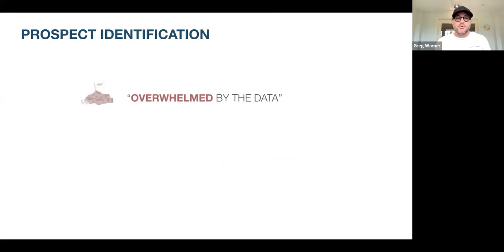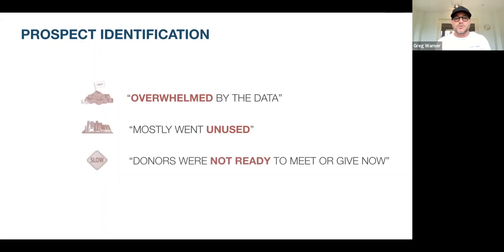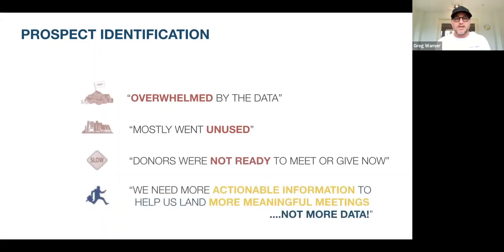It helps people who are overwhelmed by too much data, usually prospect identified data or well-screened data. You may have gone through that process and found that most of the list was not used, or when you reached out to people, they were not ready to give or meet.